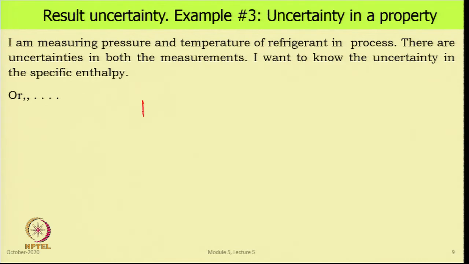So, I have measured pressure as something plus minus something, temperature something plus minus something, and we are assuming that these uncertainties have been calculated using the same method that we learnt in uncertainty in a measurement.